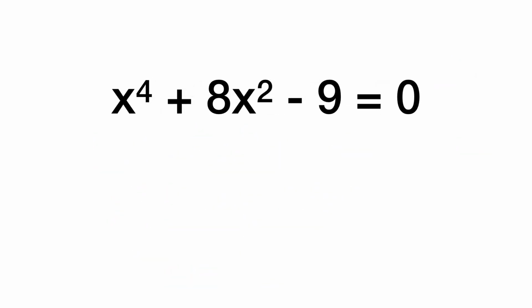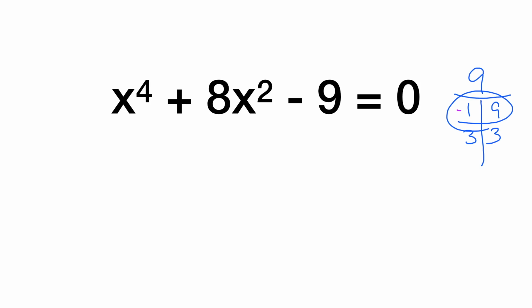All right, here's our last one of these. X to the 4th plus 8x squared minus 9. So let's see, my factors of 9. In this case, we have 1 and 9 and 3 and 3. Do either of these have a difference of 8? 1 and 9 do, meaning negative 1.